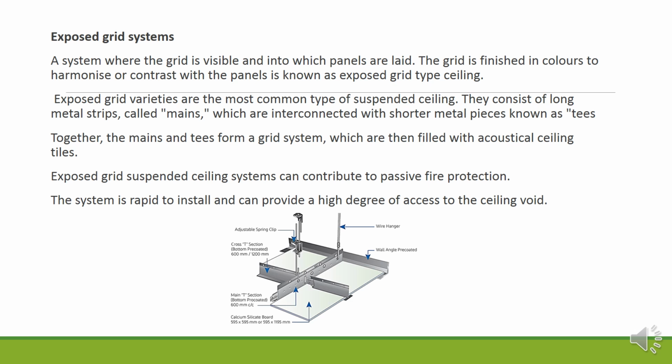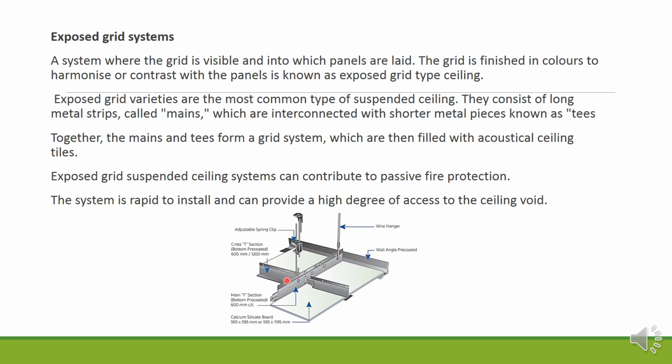Exposed grid system: this picture shows the exposed grid system. The system where the grid is visible, into which the panels are laid. The grid is finished in color to harmonize or contrast with the panel and is known as an exposed grid system.